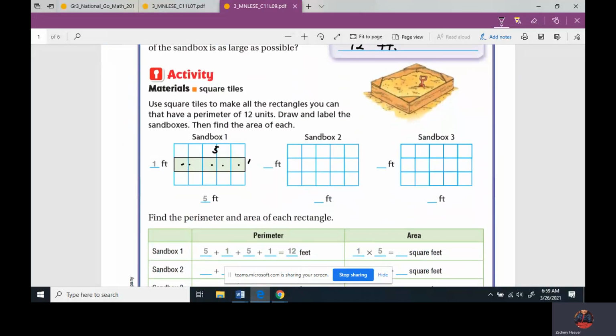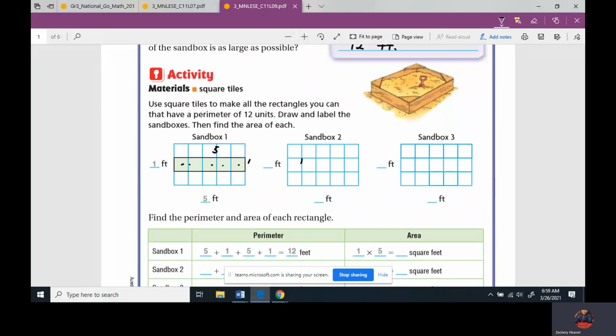Let's see if we can make more rectangles that have the perimeter of 12 units. So we're going to think what plus what plus what plus what equals 12. So now down here, I'm going to go 2 plus 4.